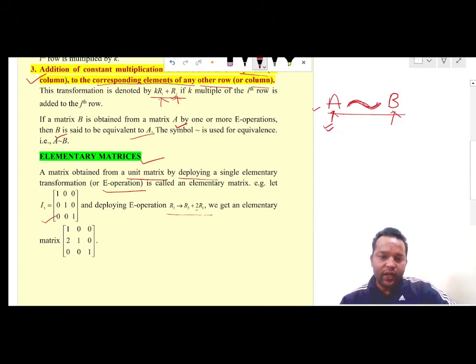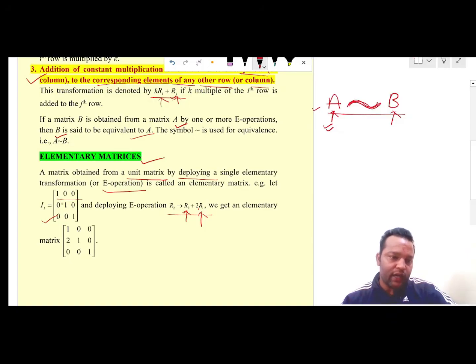First we multiply all the entries of R1 by 2, so the entries will be 2 0 0.